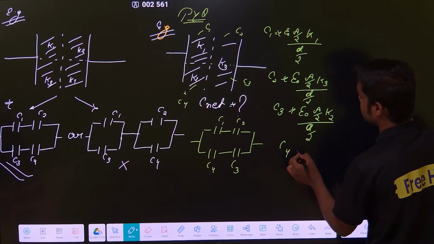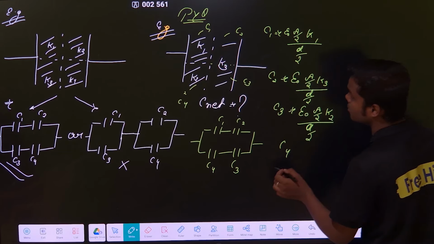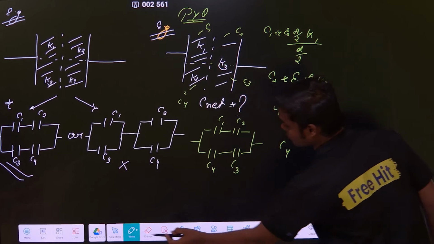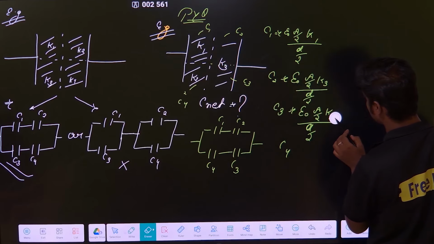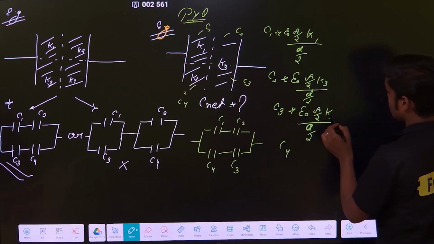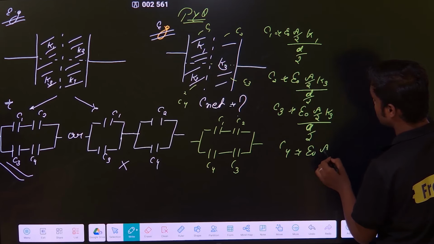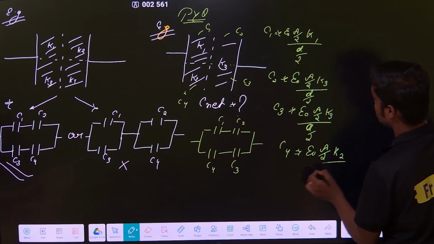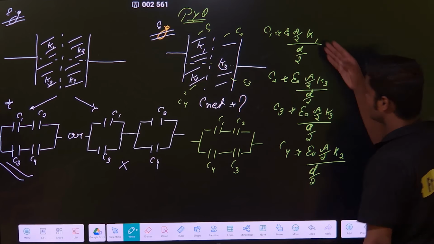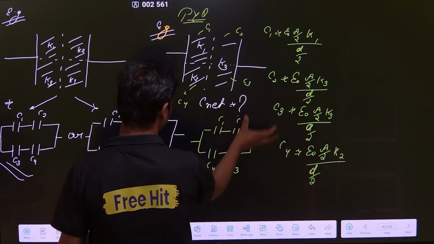Sorry, I think I have written K3 here, so this will become my K3. And similarly, C4 will be epsilon naught A by 2 and K2 divided by D by 2. So you have to write C1, C2, C3 and then apply this.